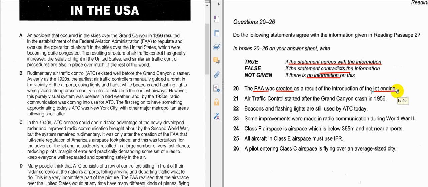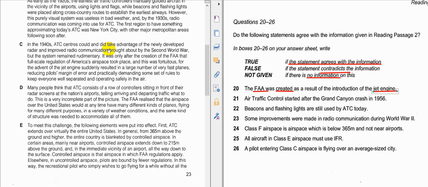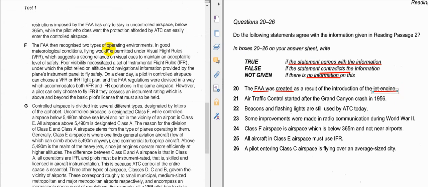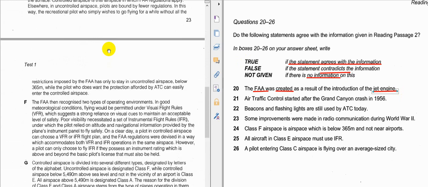All right, how to determine if this is true or false or not given. Now, we only need to find those keywords. Whenever a reading passage is this long, it gets very tedious to read.